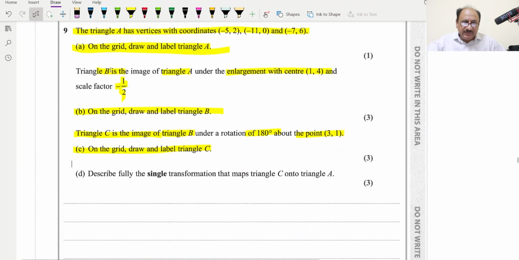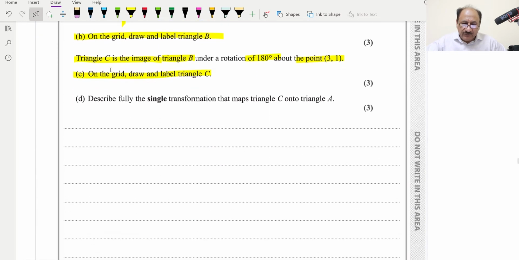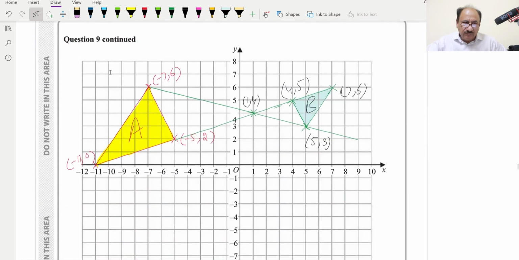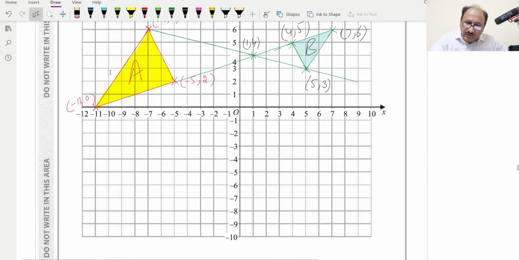So point 3 and 1. 3 and 1 is where? 3 and 1 is this point, which we can mark in black over here. So this is 3 and 1. Now 180-degree rotation. Rotation 180-degree will be which side?